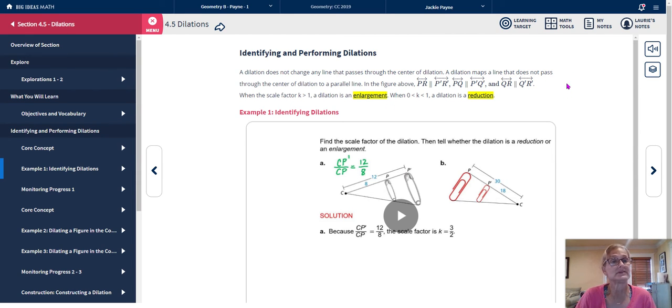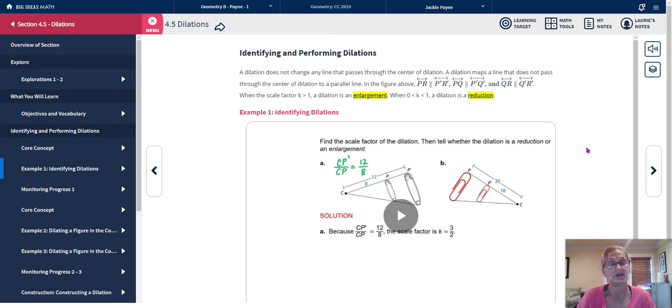A dilation maps a line that does not pass through the center of dilation to a parallel line. So in the figure that we're going to show you in just a second, PR is parallel to P prime R prime, PQ is parallel to P prime Q prime, and QR is parallel to Q prime R prime.